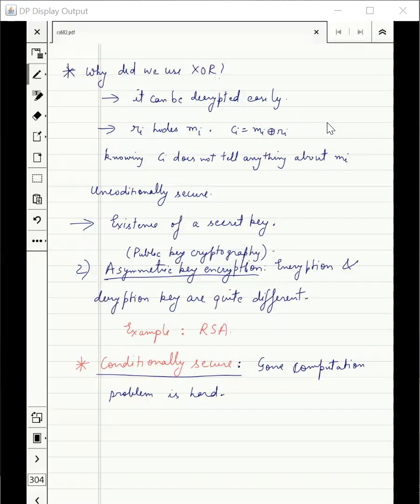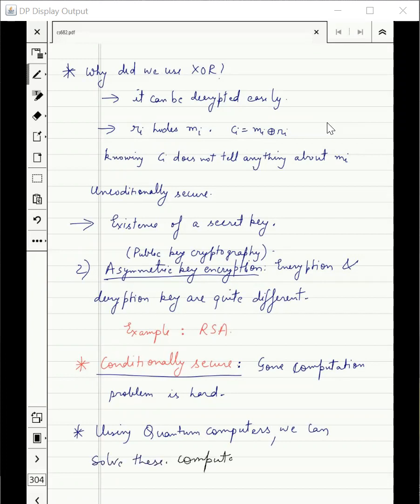The problem is that using quantum computers, we can solve these computational problems.